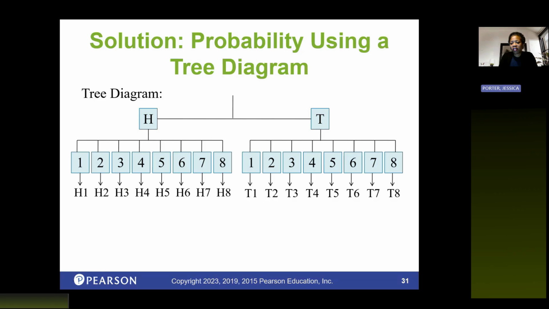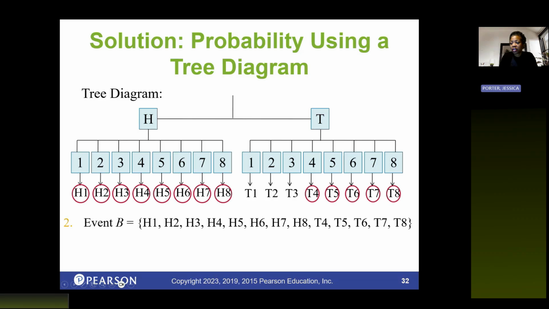I see a lot of 5 out of 16s, but they're saying you toss a head or you spin a number that's greater than 3. So what we're looking at in that case is a lot more than what we originally thought. This is 8, 9, 10, 11, 12, 13. Do you see what they got?